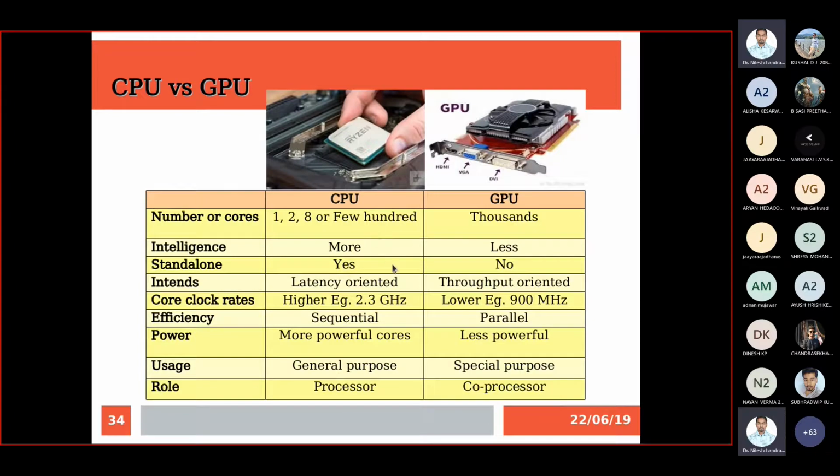That is also true. Power consumption for CPU is more and power consumption of GPU cores is less. CPU cores are very powerful compared to GPU cores, right? CPUs are used for general purpose and GPUs for special purpose. As for their role, the CPU is the main driver of your system, that is the processor, and the GPU is a co-processor, right?